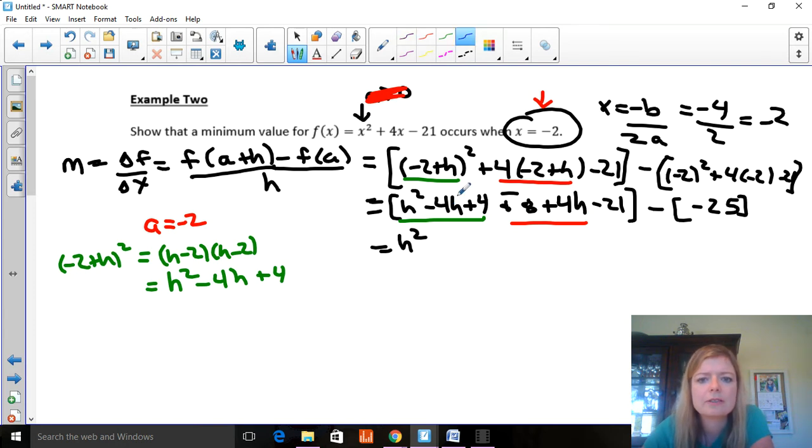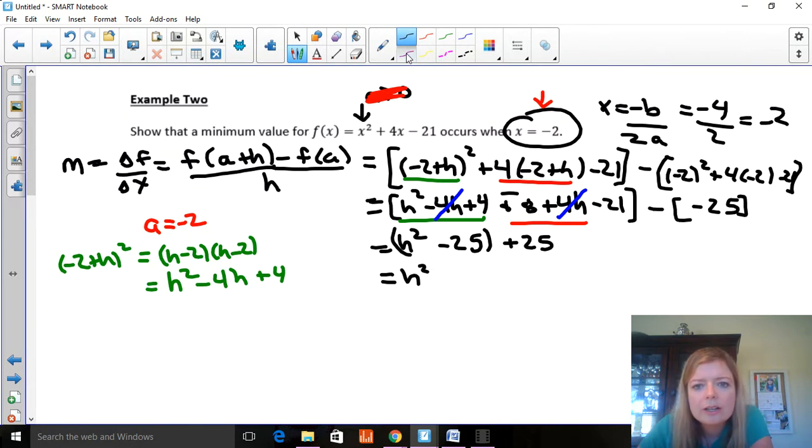And then plus 4 minus 8 minus 21 gives me minus 25. So that's the first bracket. And then subtracting f at -2 becomes just plus 25. So now I have just h squared.